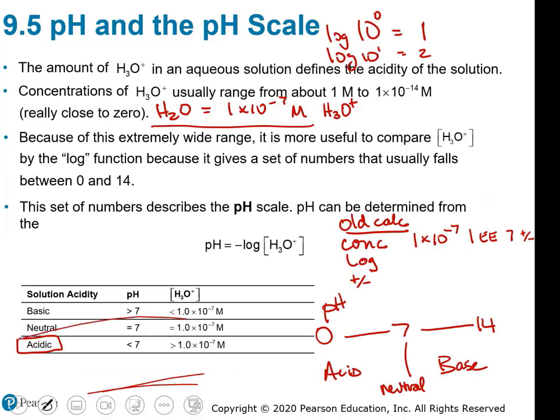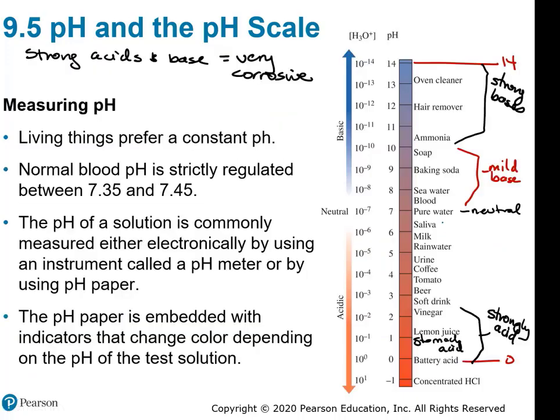Same thing going down. So going down the list, below pH of 7, saliva, milk, rainwater, coffee. Those are not very reactive, they are considered the mild acids.